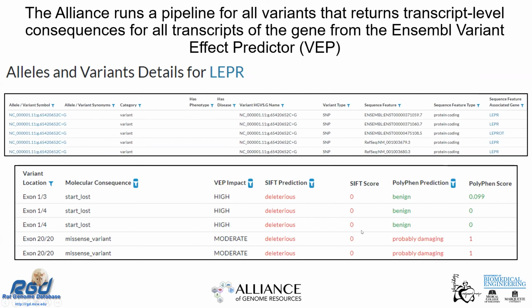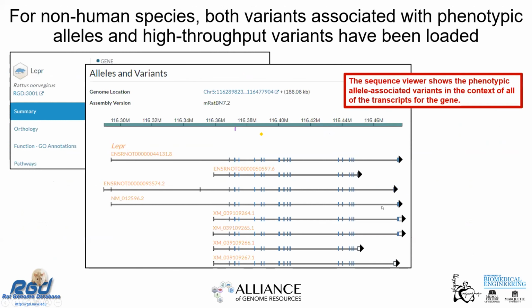And then you've got the SIFT score, and then you can see that SIFT predicts all of these to be deleterious, but polyphen is predicting 3 of them to be benign and 2 of them to be probably damaging. So you can see that there's differences between the predictions from SIFT and polyphen, and that might be of interest.